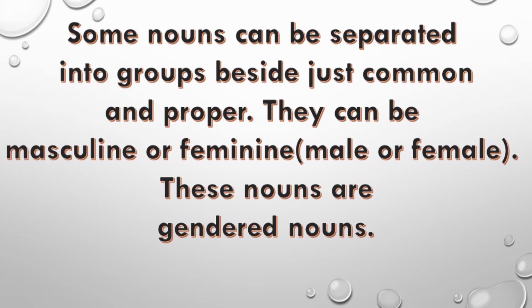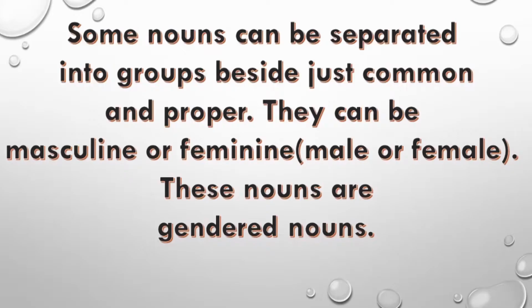They can be masculine, which is another word for male, or feminine, which is another word for female. So that is where the noun and gender come in. There are different sets, and there's another one or two that we will also be touching on a little later on. Right? So these male and female nouns, masculine and feminine nouns, are gendered nouns.